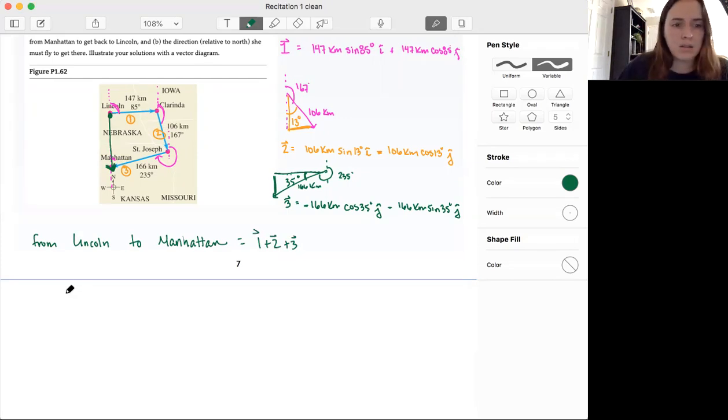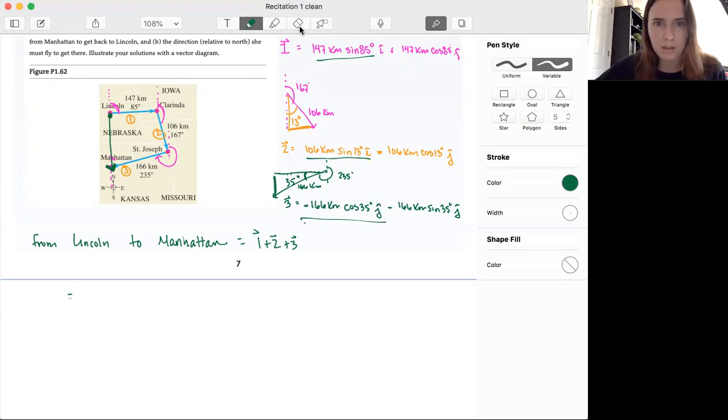Okay, so if we do that, we can take our x components. So that's going to be our 147 sine of 85 plus 106 sine of 13 minus 166 cosine of 35.